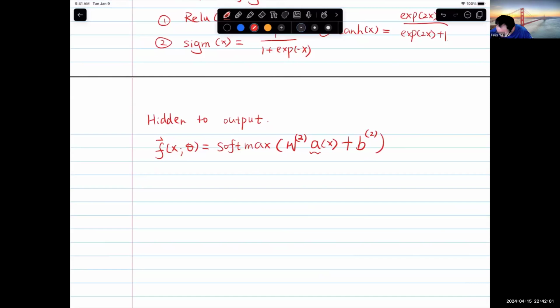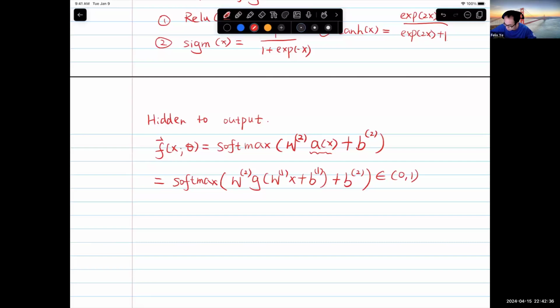If we plug in the formulation for a(x), this becomes softmax of W2 g(W1 x plus b1) plus b2.